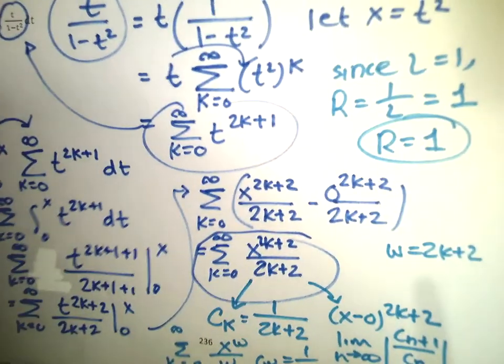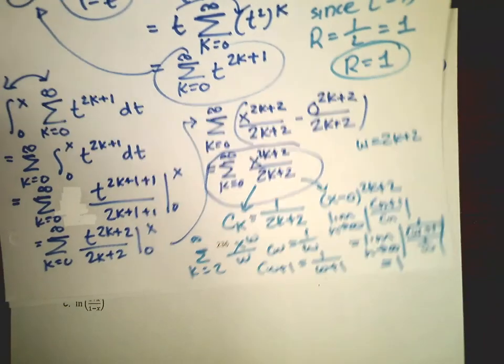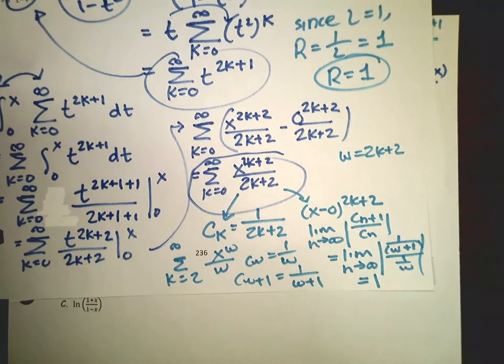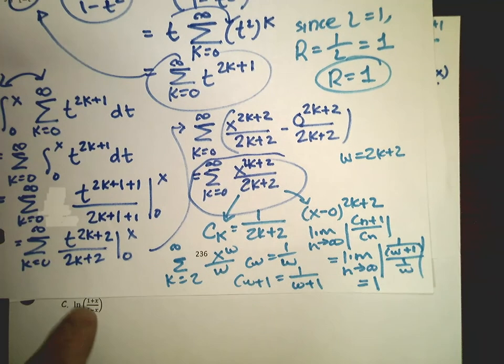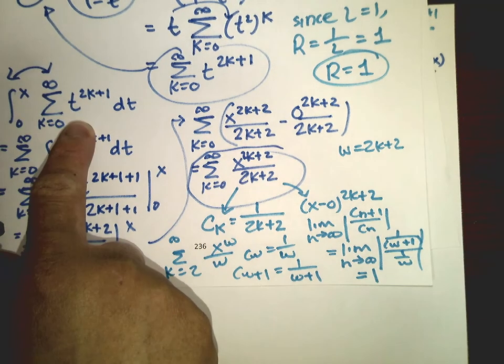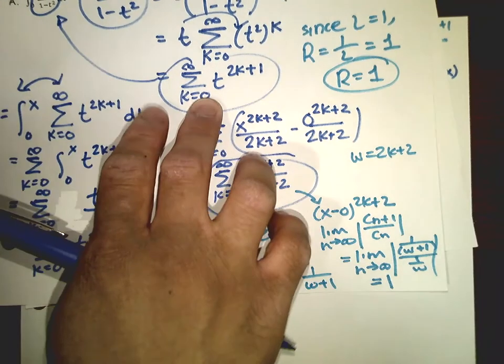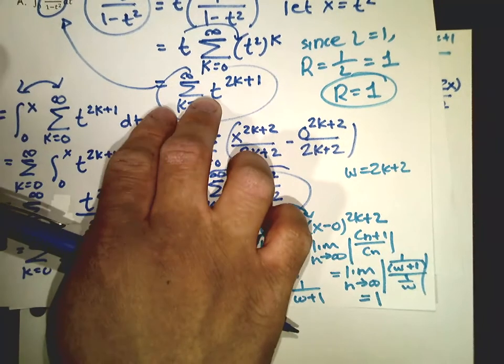But guess what? We did actually find the series for that. If you remember what happened, we actually found it right here. It's just that we had not actually integrated it yet. So this is actually the series.